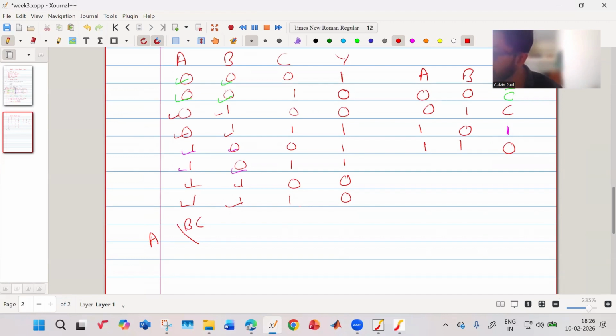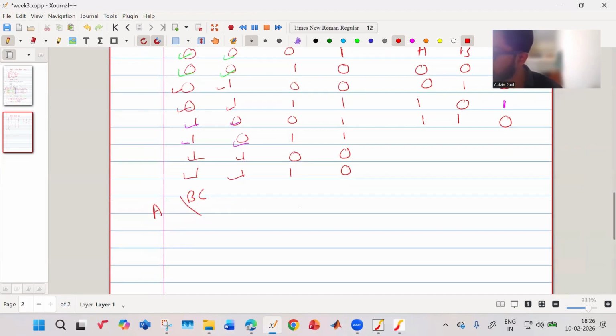Let us draw the actual three variable K map and see. This is your A bar, this is your A, and this is 0, 0, 0, 1, 1, 1, 1, 0. So again we number the cells 0, 1, 2, 3, 4, 5, 6, 7.